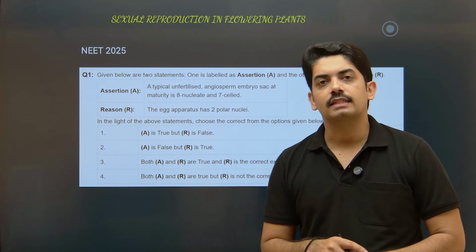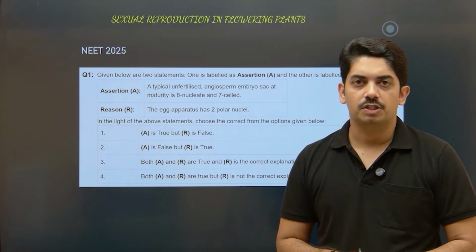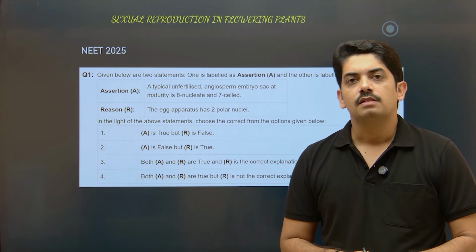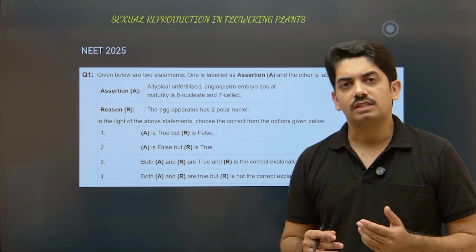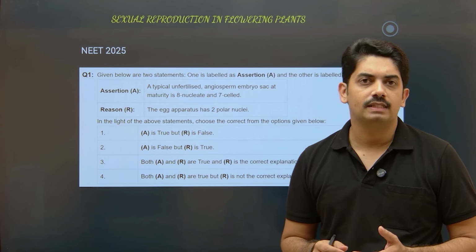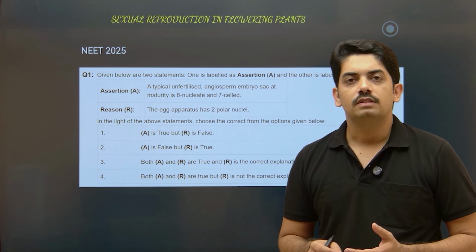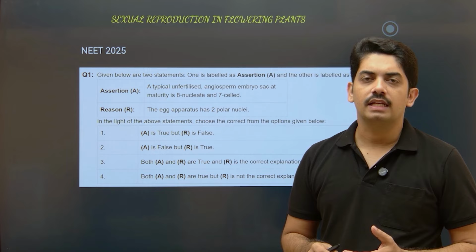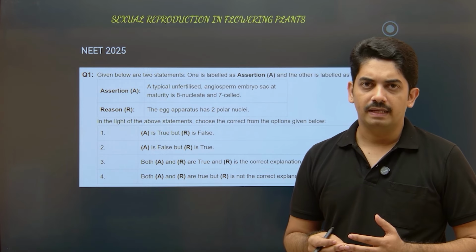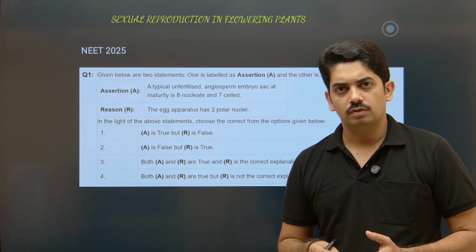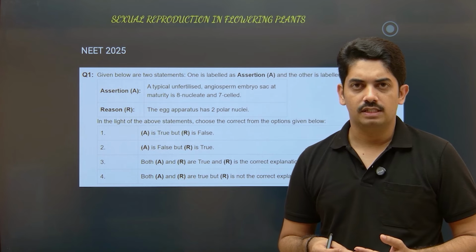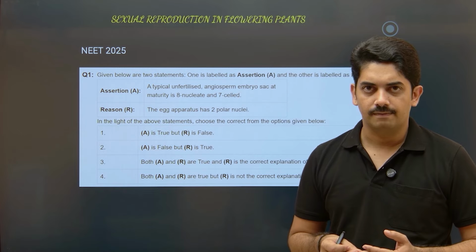Just recollect the embryo sac formation, where once the meiosis takes place from the megaspore mother cell, one of the cells which is nearer to the micropylar region will be retained, and that will undergo 3 successive mitoses and produce 8 nuclei.